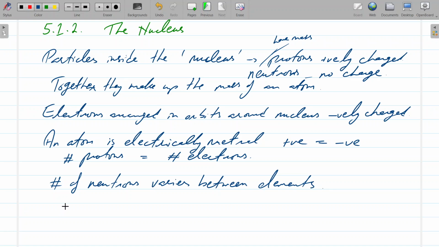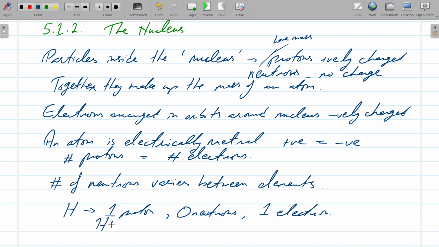As we know, for example, hydrogen has one proton and 0 neutrons and 1 electron. And that is why when you get a hydrogen ion, when it loses its electron, it becomes a positive ion.